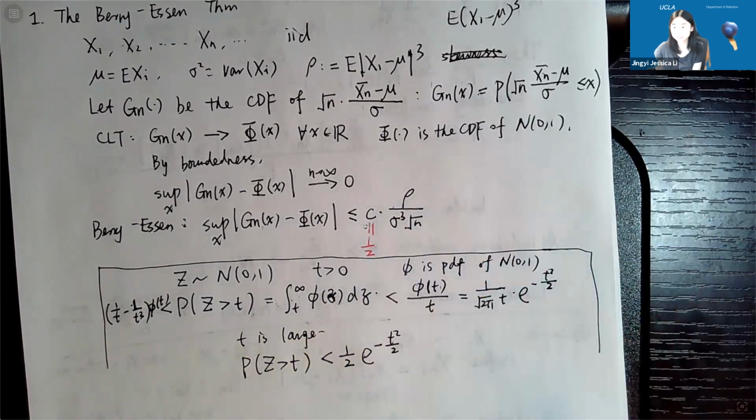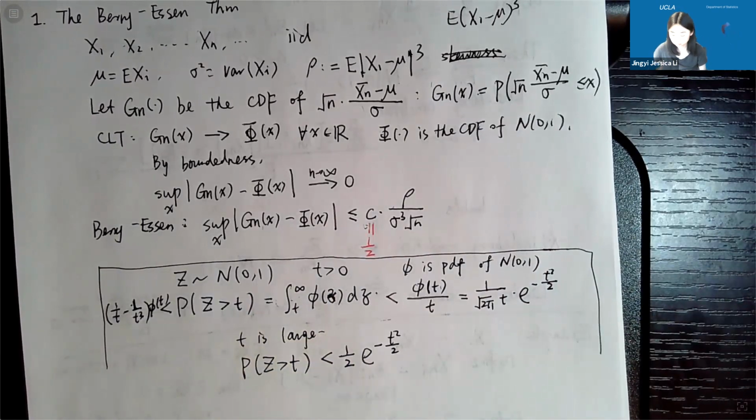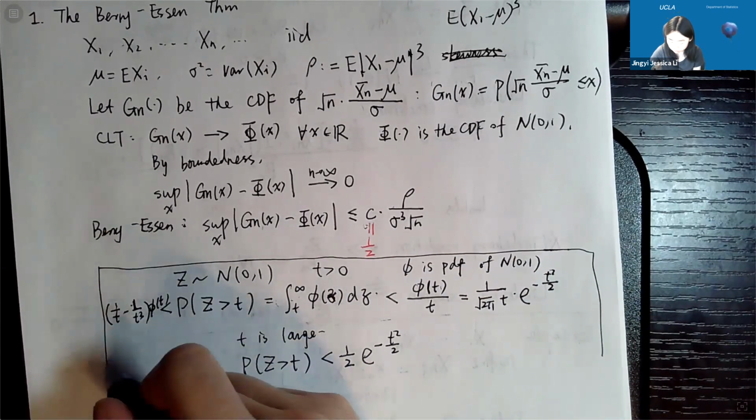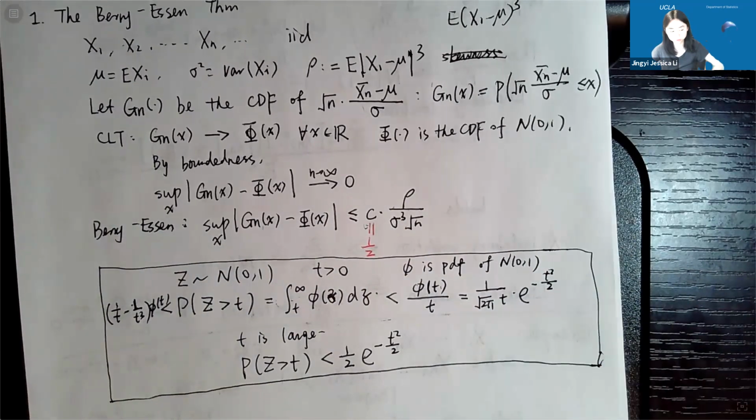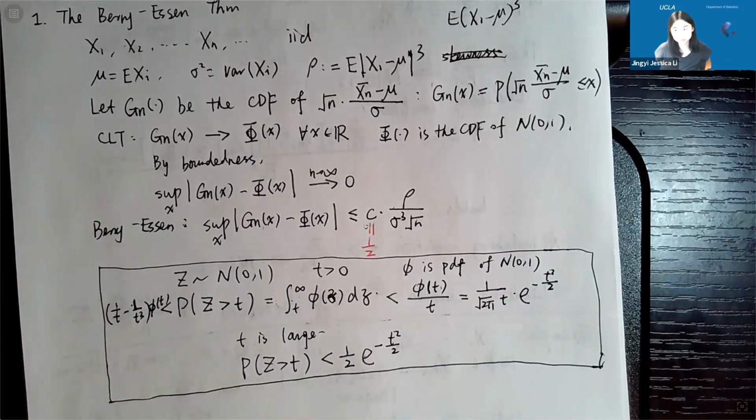That's even easier because you can get rid of the t from here. I'm just saying that this is related, but it's not really about what we're trying to talk about in Berry-Esseen. This is just a useful thing to know if you want to find the tail probability bound for a standard normal distribution. That's it.